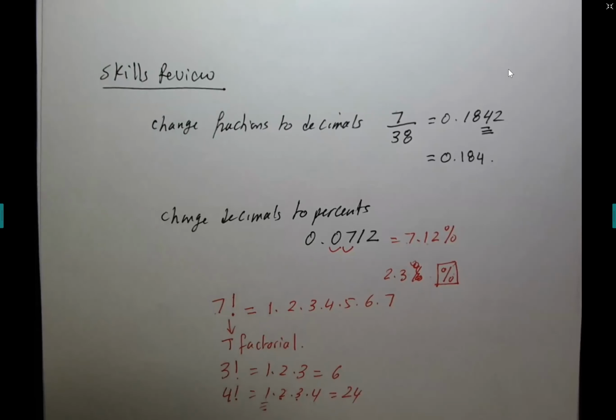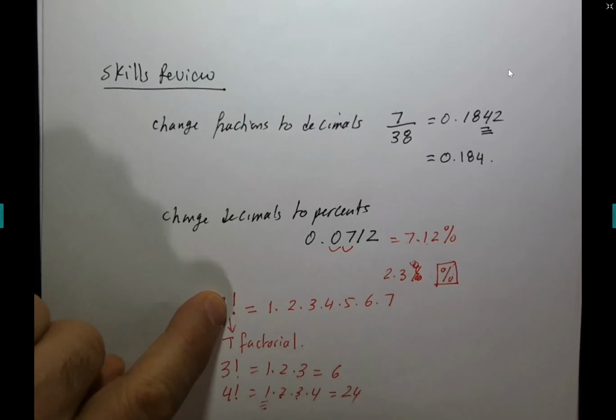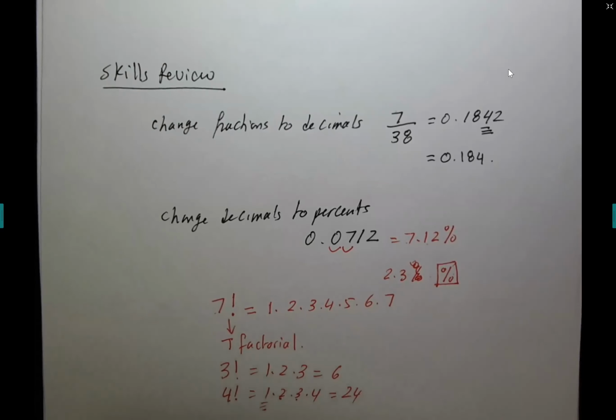The good news is you don't have to do this by hand. Your calculator has a built-in feature that will compute this for us. So we're going to learn how to use the calculator to do this. What else do we need to do for chapter 3 as far as skills review?